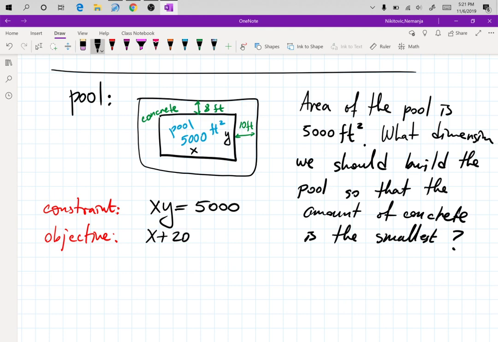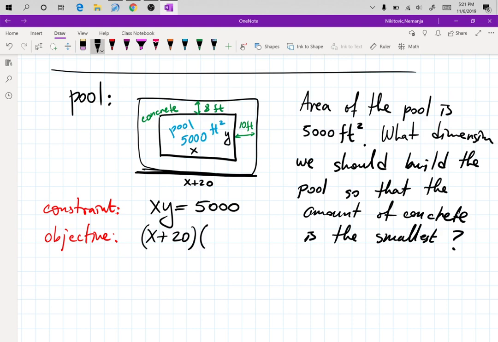X plus 20 feet is the length of the concrete this way, because the side of the pool is X and I have 10 feet added on each side.